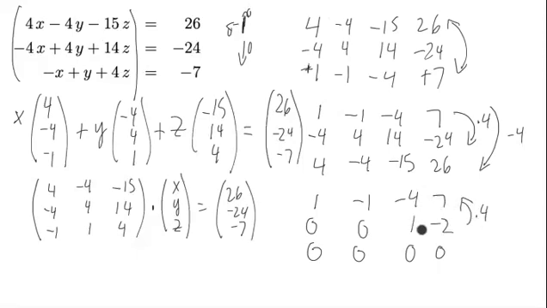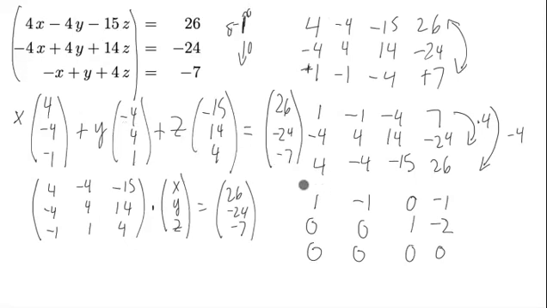Multiply by 4 and an airdrop and make that guy a 0 right there. And -8 and 7 would give you a -1. Okay, so we end up getting this reduced row echelon form.